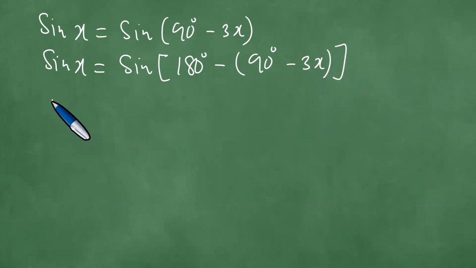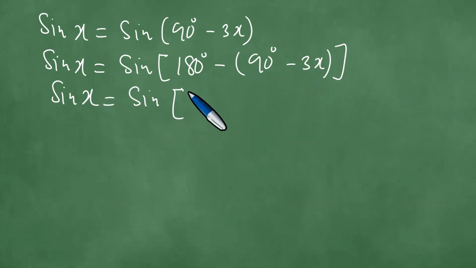And so what is the meaning of this? This is the sine of x equals the sine of 90 degrees plus 3x, since 180 degrees minus 90 is the same as 90 degrees. And what is all this here?